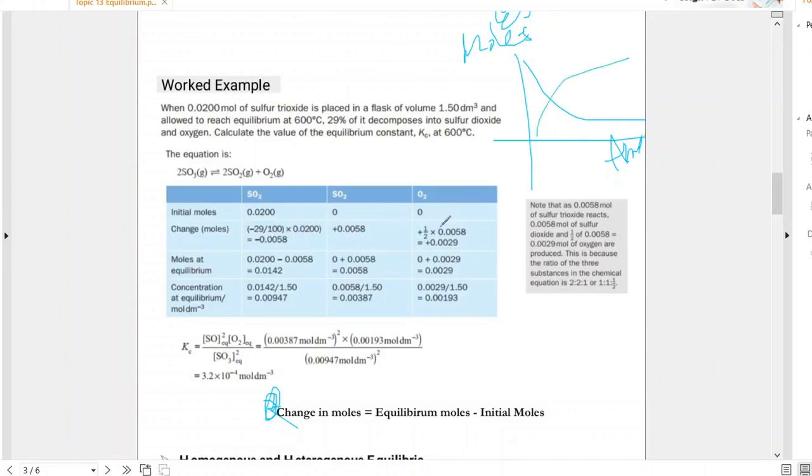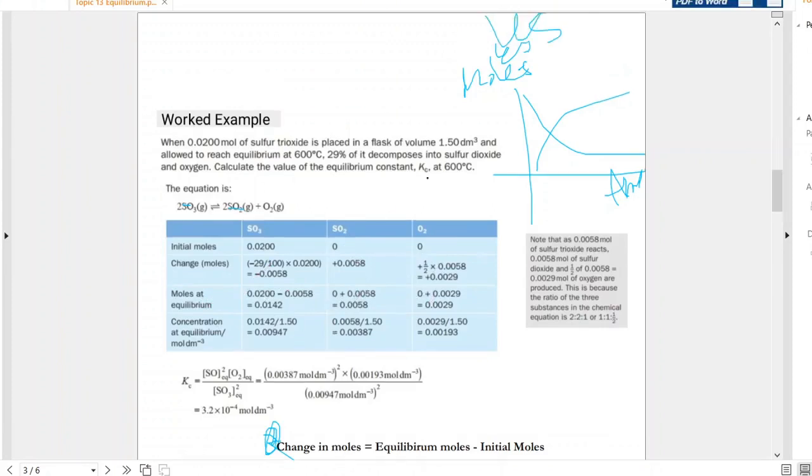So the change in moles of products is positive. There is a 2 to 1 mole ratio of these two, therefore half. So this minus this gives the equilibrium moles, and this plus this gives the equilibrium moles for each product.